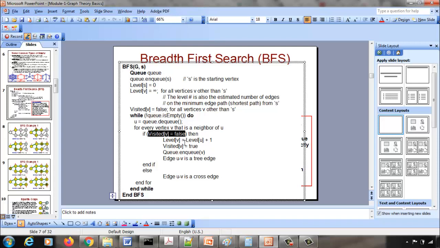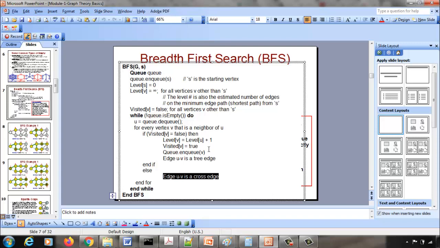You set its level number to be one more than the level number of vertex u, and you also enqueue that neighbor vertex to the queue, and you classify the edge between u and v as a tree edge. So if you're visiting a vertex for the first time, you classify the edge as a tree edge. Now if the neighbor v has already been visited, you don't do anything like this, other than classifying the edge between u and v as a cross edge.